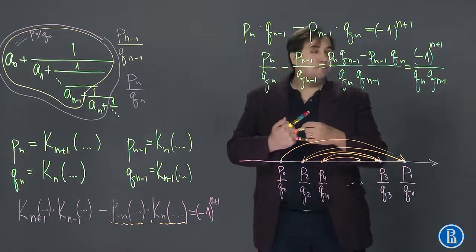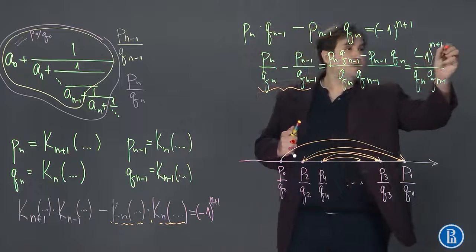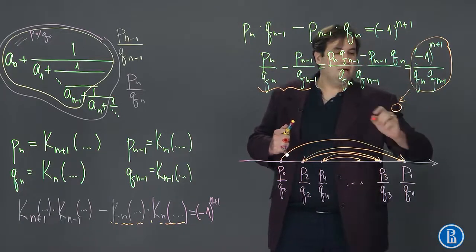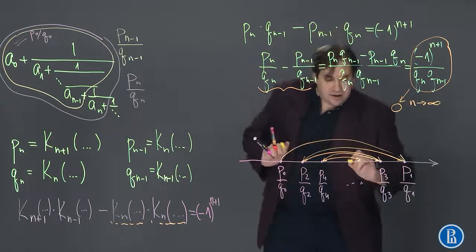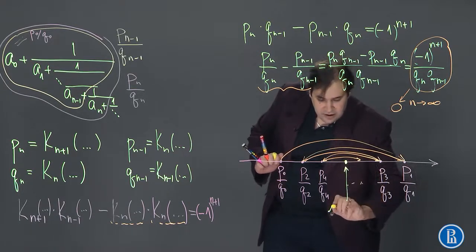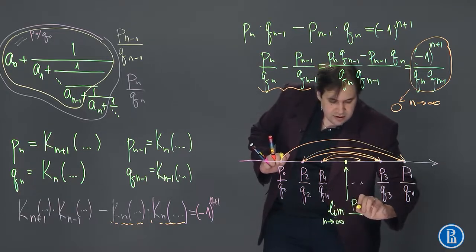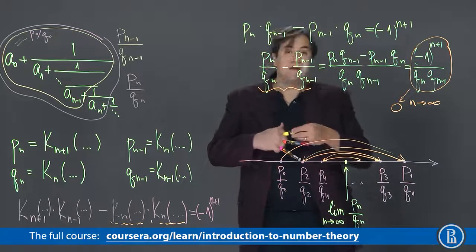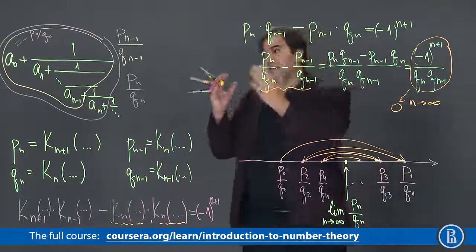And this happens because the difference between two neighbor convergents tends to 0. So from this, we can conclude that there is always a limit of all of the convergents. And this very point, this very number, is called the value of the continued fraction.